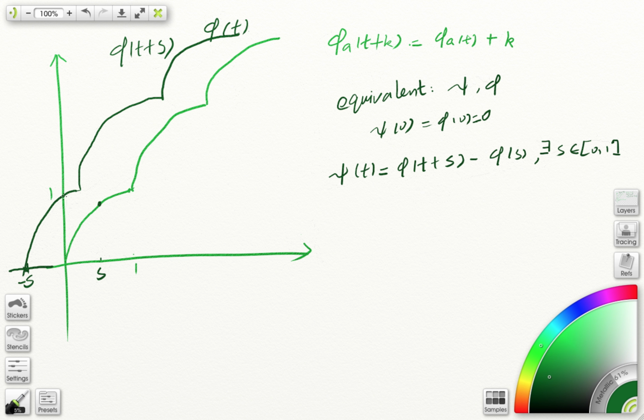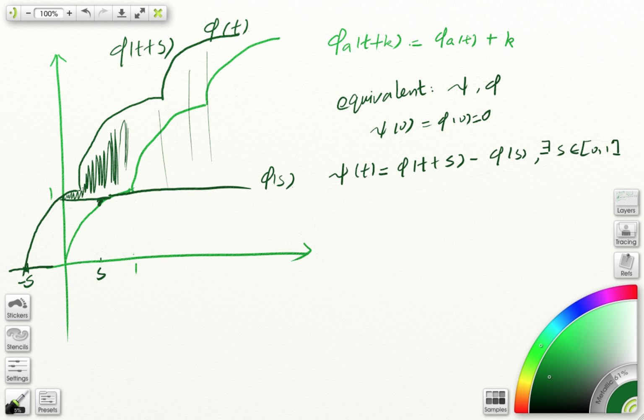I'm sorry, those cuts have to be on the same line. So this is phi of s. And phi of t plus s minus phi of s is just things like this, all the things along here.